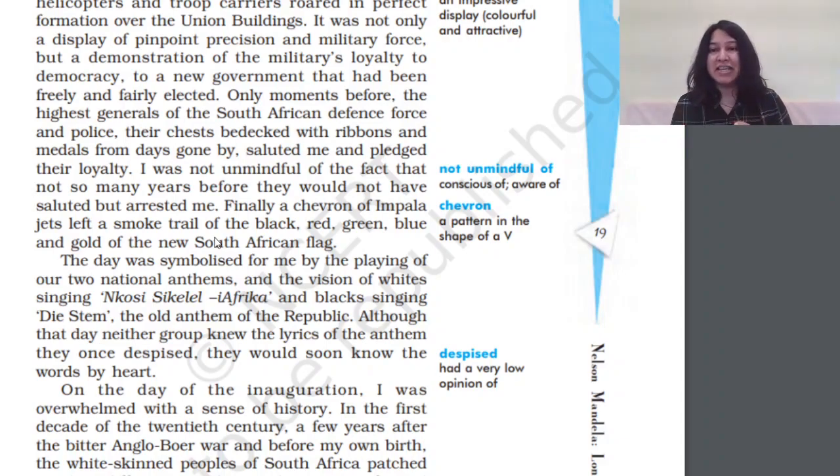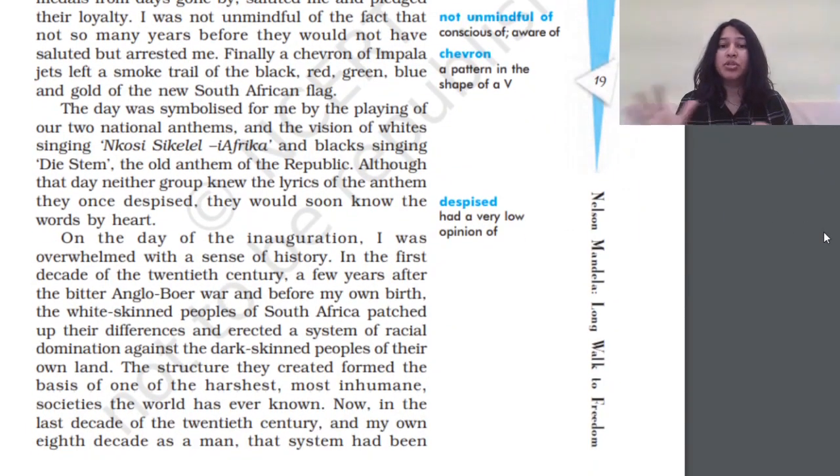And here they were each singing each other's anthems. So Mandela is hopeful that they would soon know the words by heart because he's hopeful that this South Africa is where both groups are accepted and it is not about one group ruling over the other.